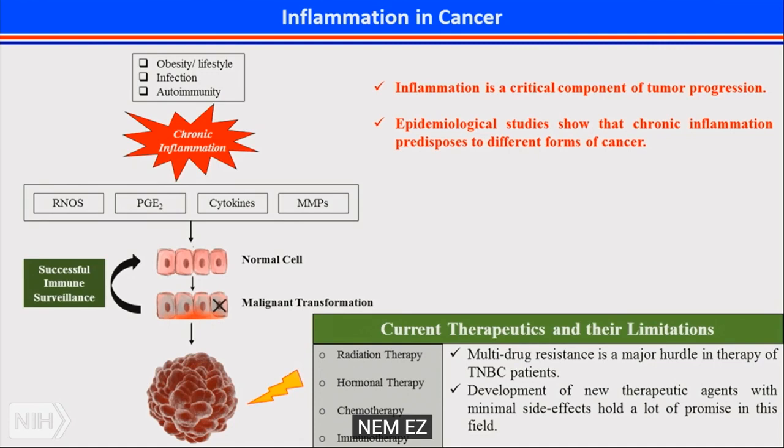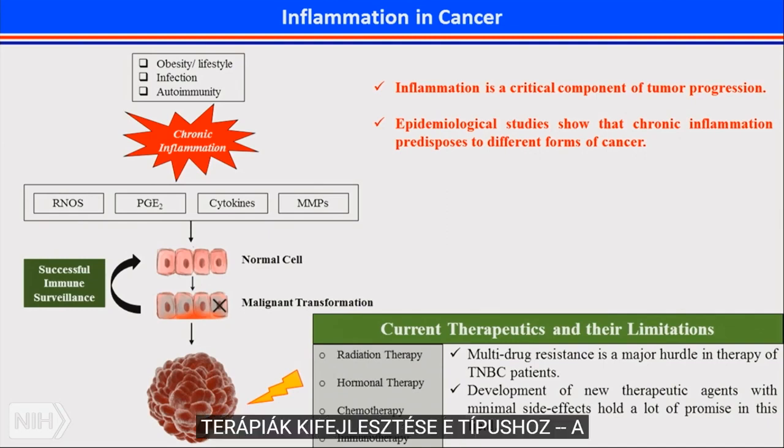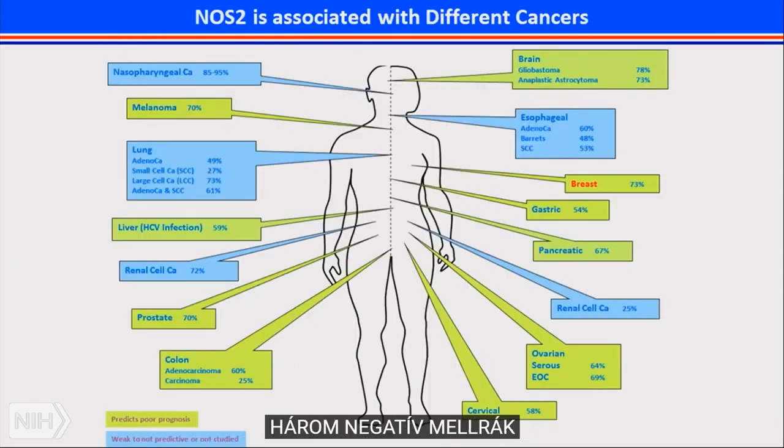But multi-drug resistance is one of the key problems for triple negative breast cancer patients. So our goal is to develop new therapies for this type, the triple negative breast cancer patients.